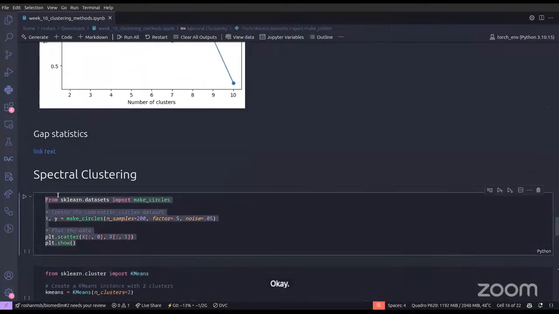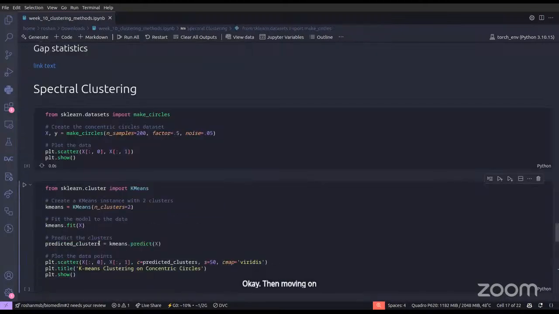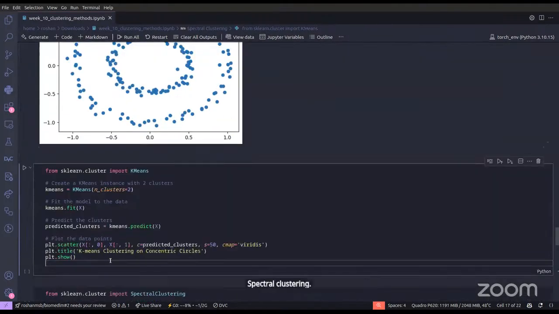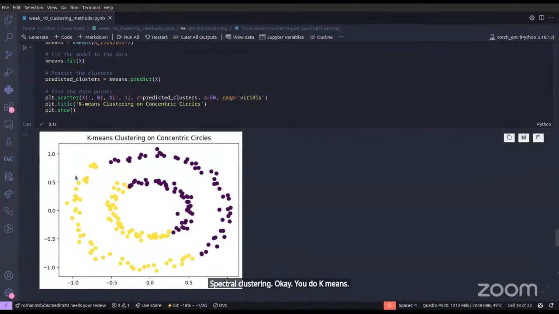Then moving on to another type of clustering, spectral clustering. Okay. You do k-means. Does this seem like a very good clustering?